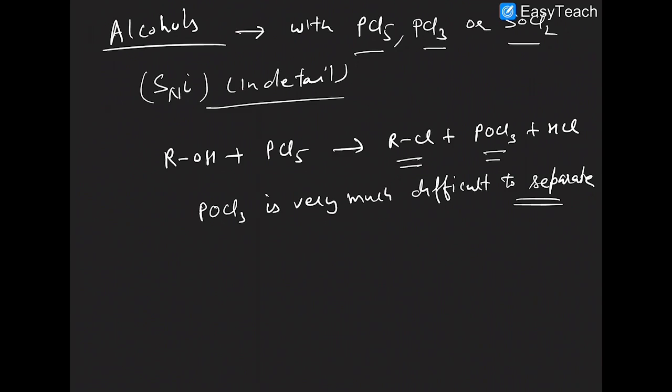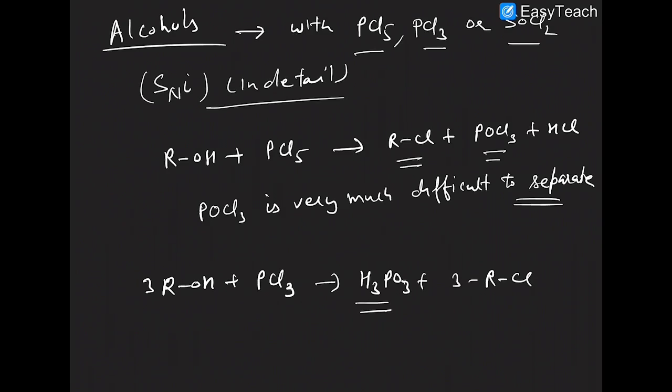Now if we use PCl3, then also you have the formation of phosphorus acid along with the alkyl halide.